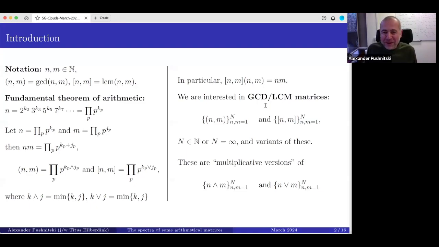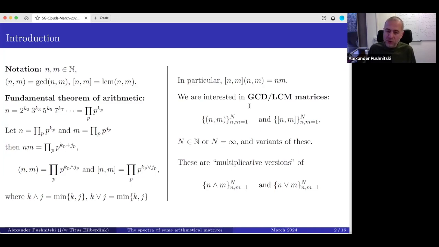So we are interested in these GCD and LCM matrices. What are they? They are matrices where the nm-th entry involves the GCD of n and m, or the LCM of n and m. Sometimes this big N can be finite, or sometimes it can be infinite, depending on the context.